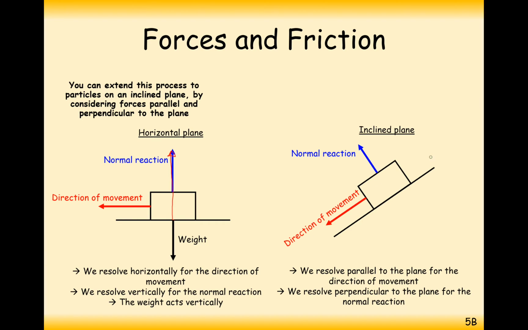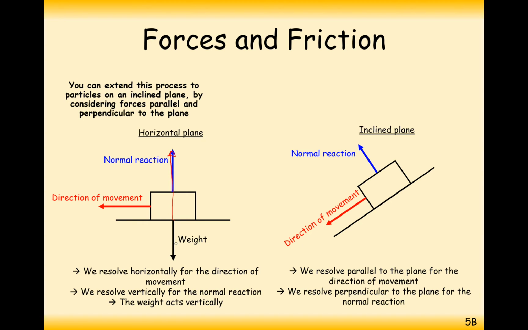So we're going to call these forces that are going up and down the slope the parallel forces. That's being parallel to the slope. So the parallel forces will be going up and down the slope, and the perpendicular forces will be this normal reaction that's going to be everything but the parallel forces.